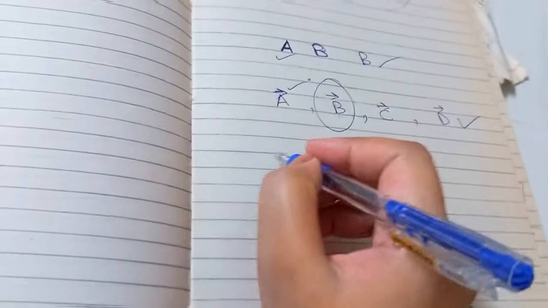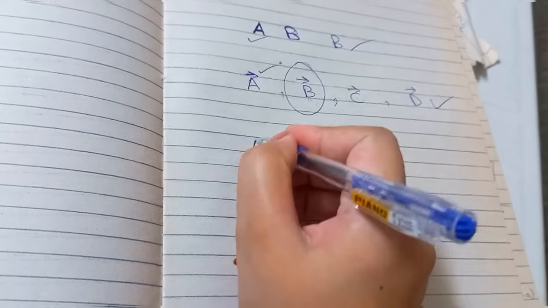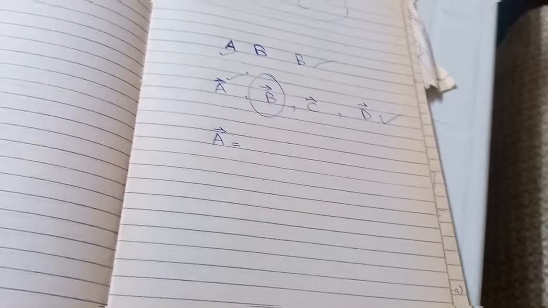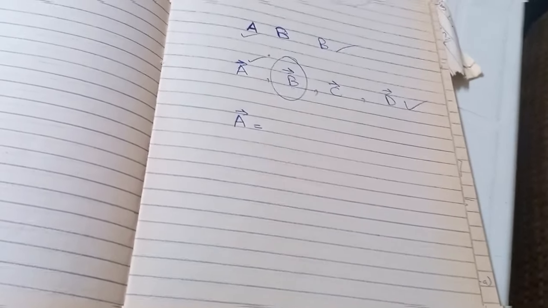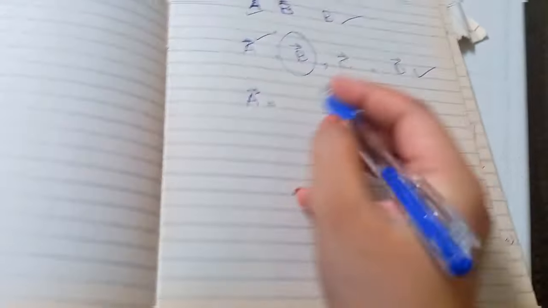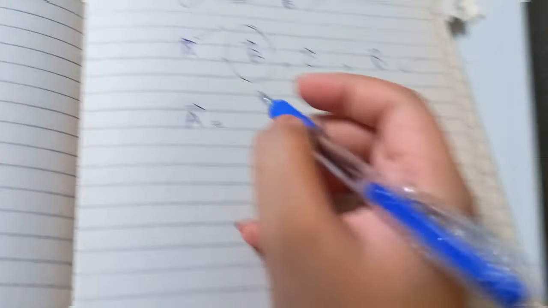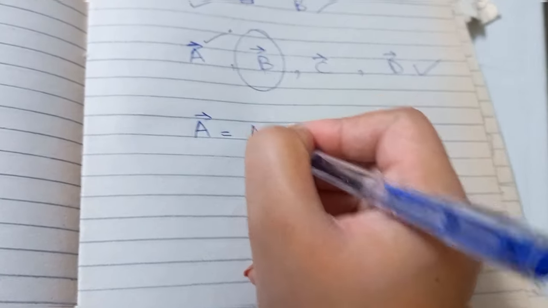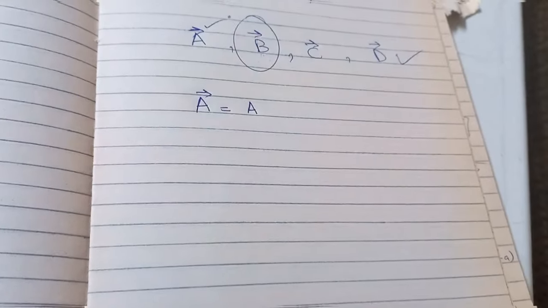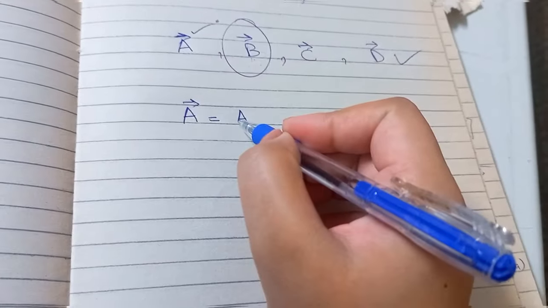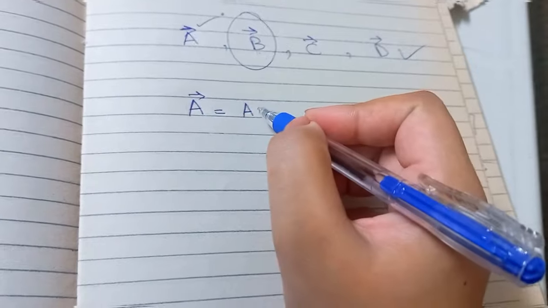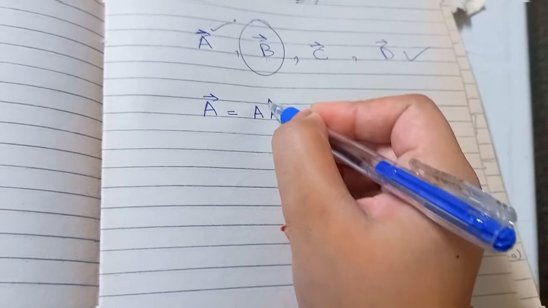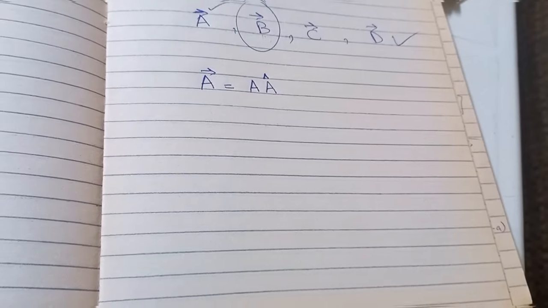Now, for example, this is a vector A. Since we know it requires magnitude as well as direction for its complete meaning, mathematically we write vector A equals its magnitude, which is A, simply unbold, multiplied by its direction, and the direction is given by the unit vector.